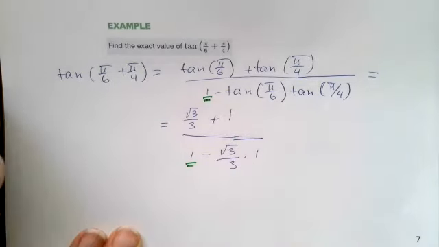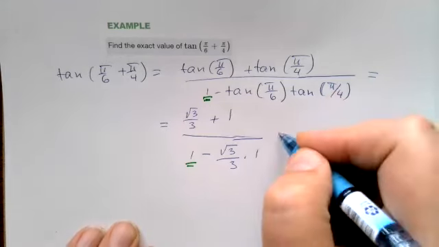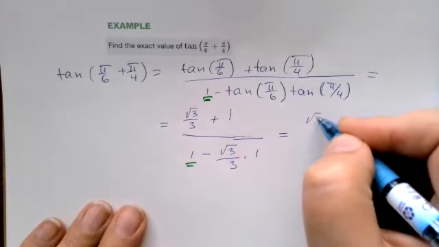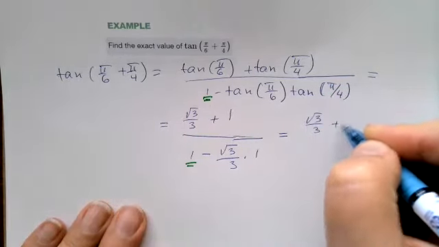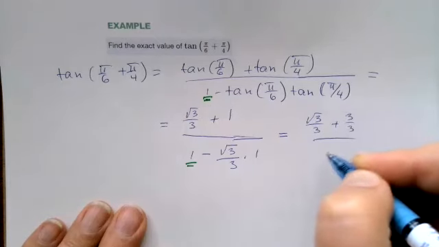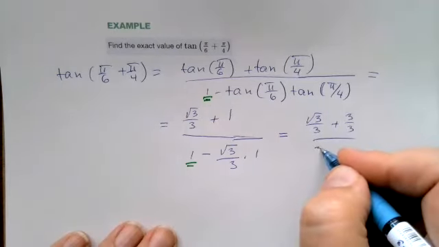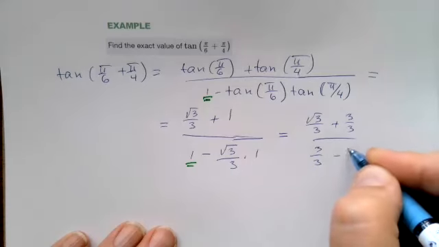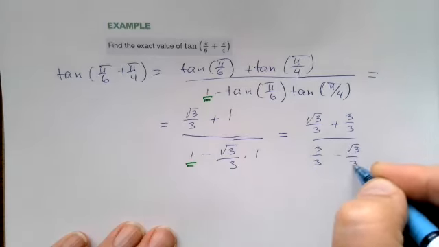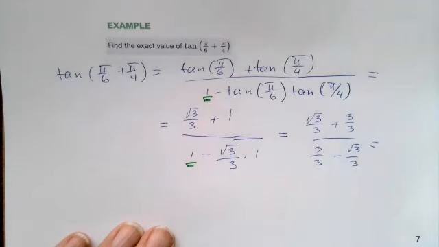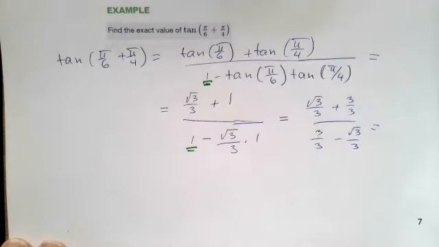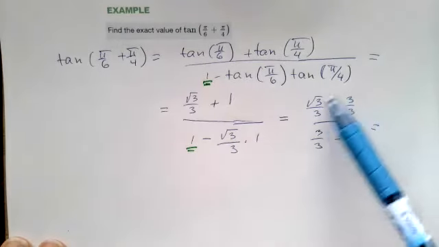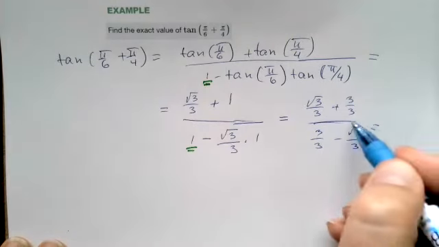All right, so now we need to simplify it. I'm going to turn 1 into 3 over 3, the first one and the second one. So I got this complex fraction.